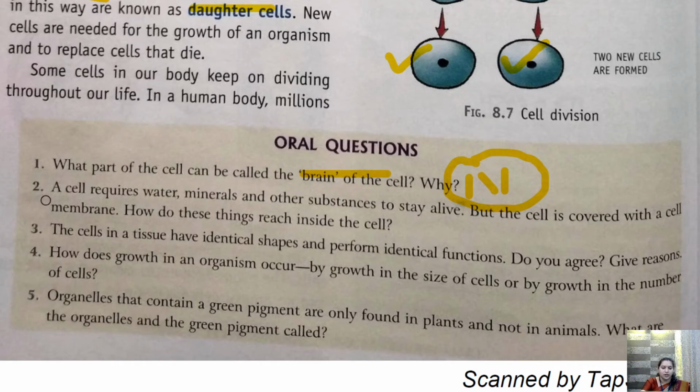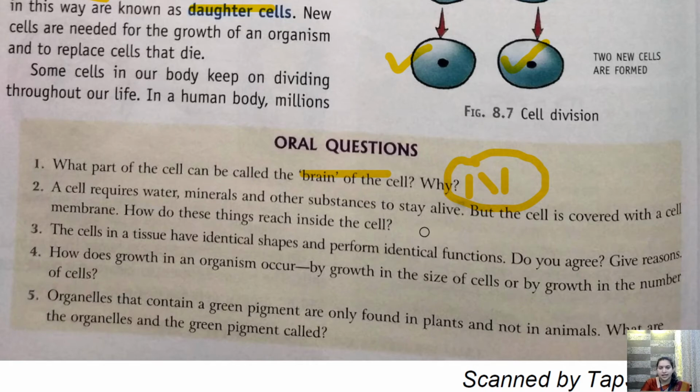Okay. Now next question. A cell requires water, minerals and other substances to stay alive. But the cell is covered with a cell membrane. How do these things reach inside the cell?